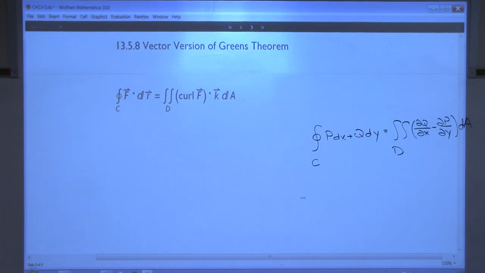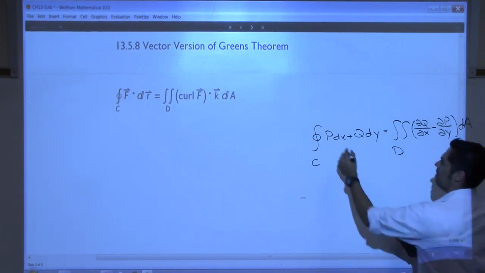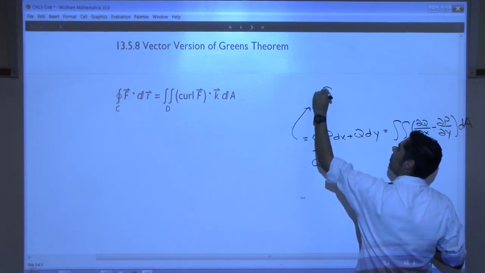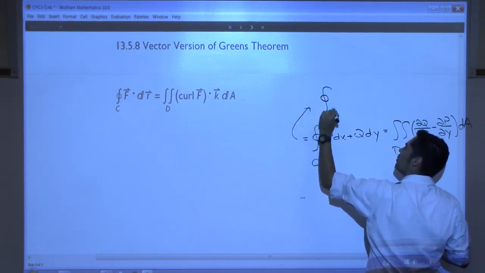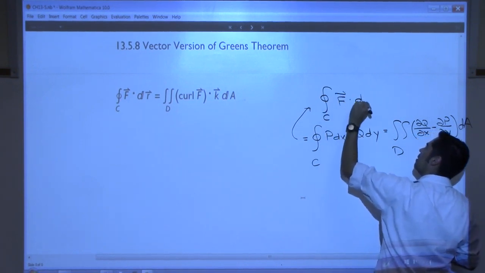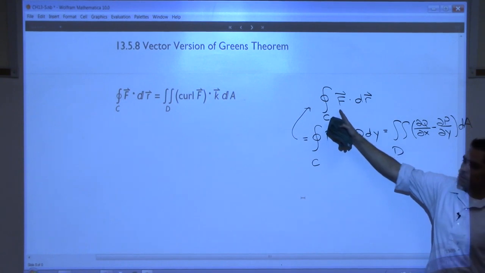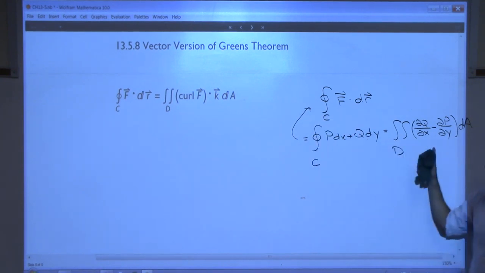That's Green's theorem. But this right here is equal to the line integral over C of F dot dr. Do you agree with that? This is this, yes. Which is this.